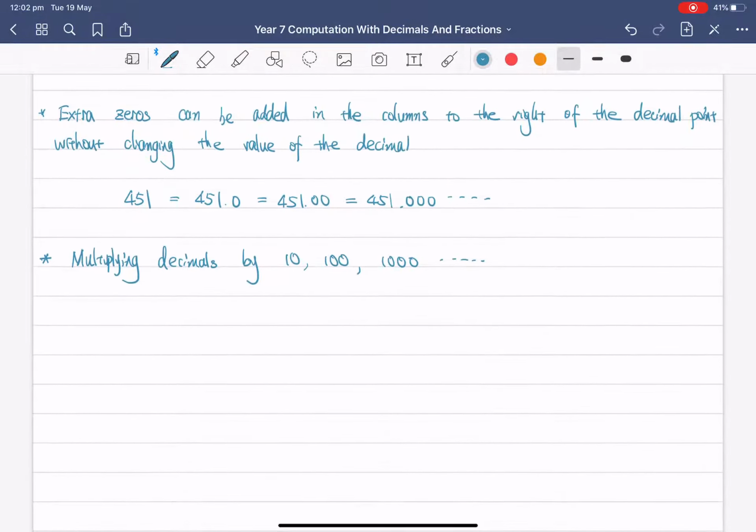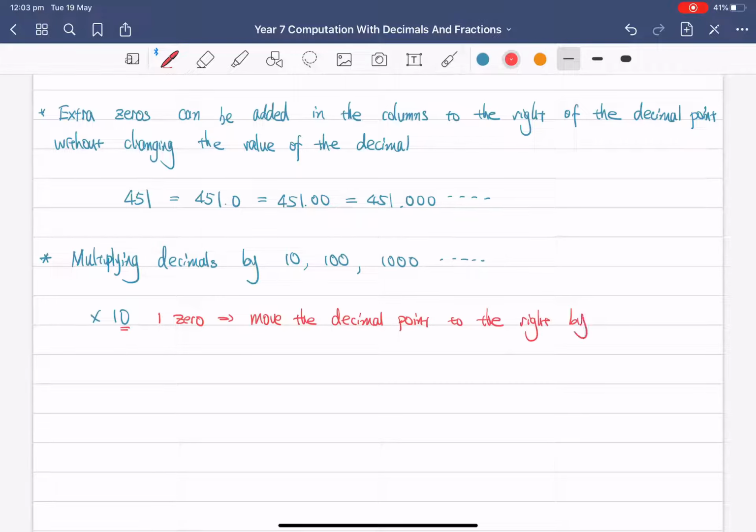For example, if we multiply by 10, that's a 1 and a 0. So that means it's equivalent to moving the decimal point to the right by 1 place. If it's multiplied by 100, then you just count how many zeros.